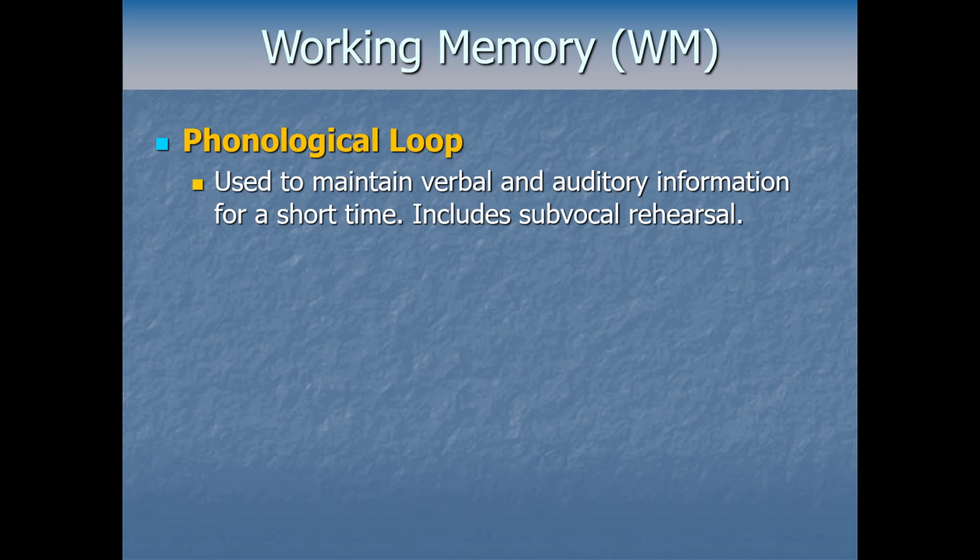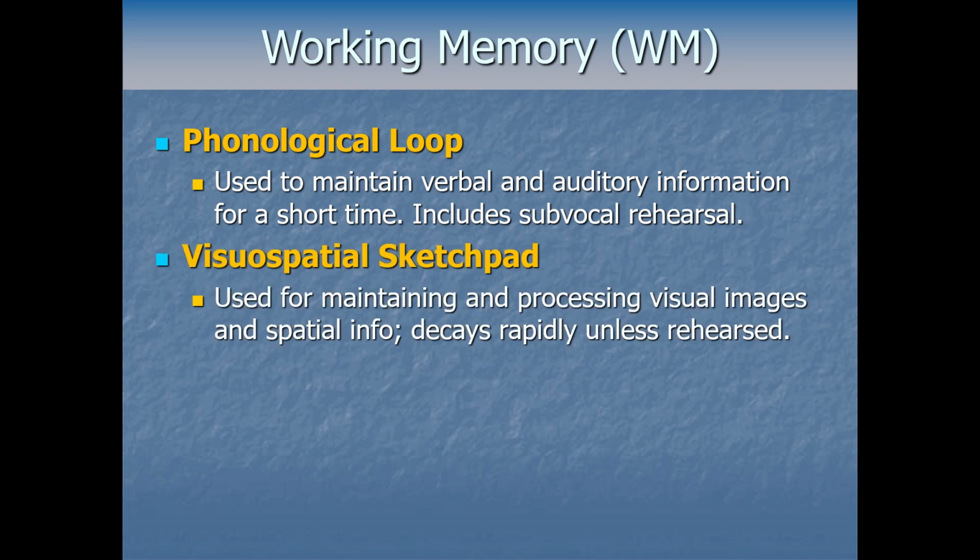Then there's the visuospatial sketchpad. This is similar to the phonological loop, but now for visual and spatial information. So it's used for maintaining and processing visual images and spatial stuff. And as we've seen, this kind of info decays pretty rapidly unless it's rehearsed.